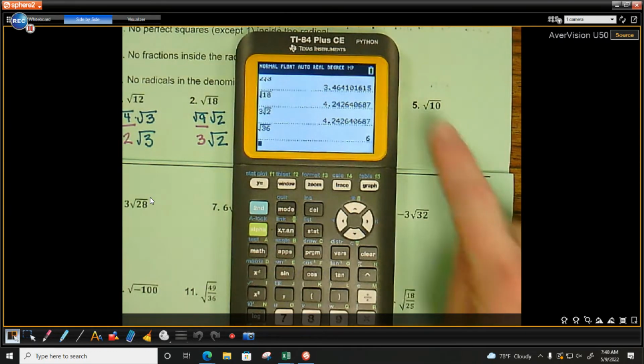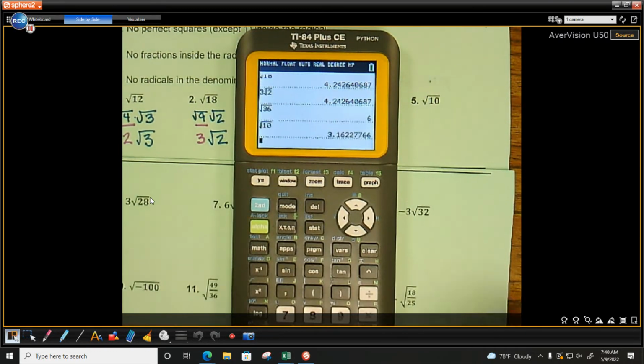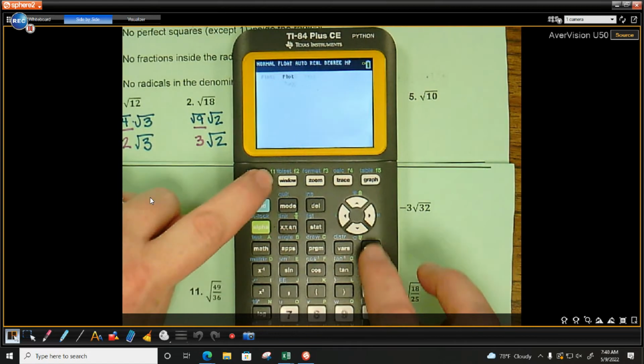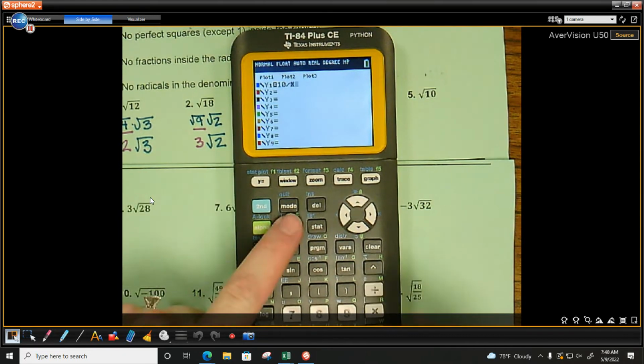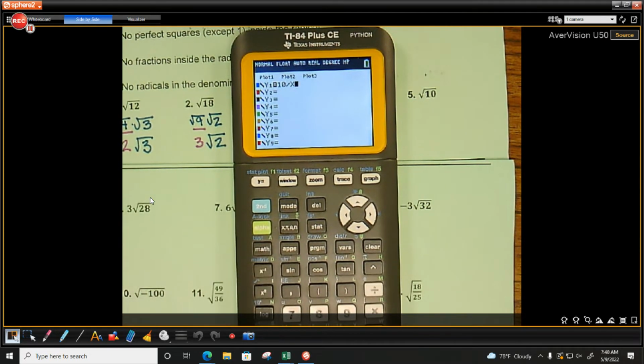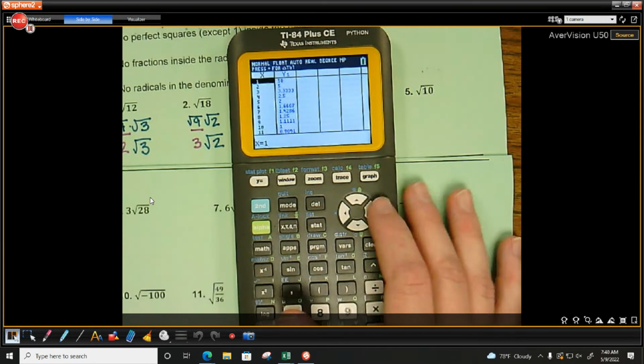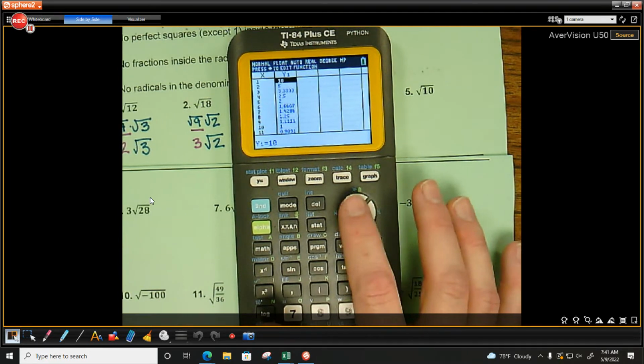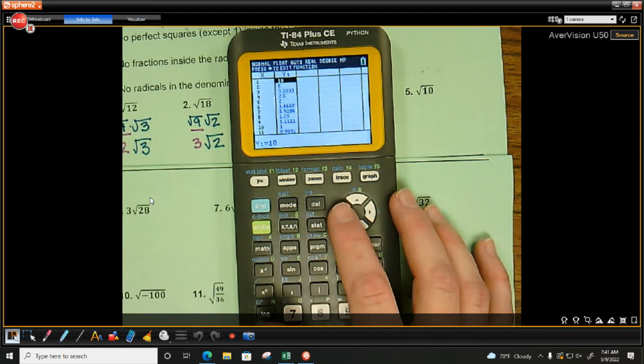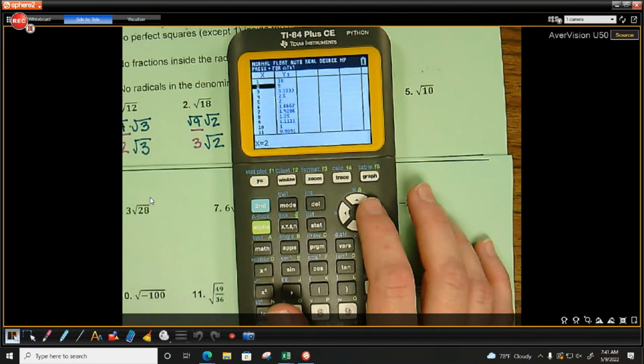Okay, square root of 10. Oh no, we get a decimal, which means we're going to have to type this into y equals and do your 10 divided by x. Go to the table. 1 and 10. Is 10 on my list of perfect squares? 2 and 5, are 2 or 5 on my list of perfect squares?